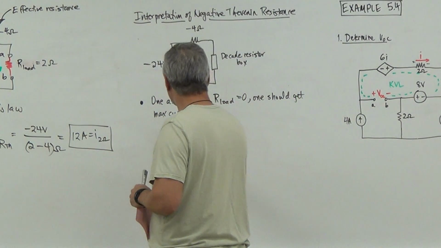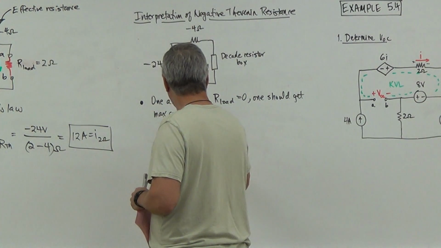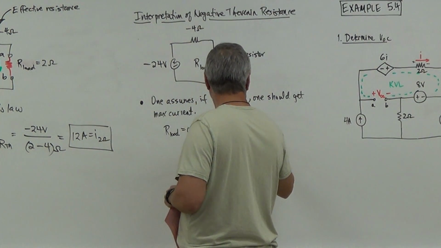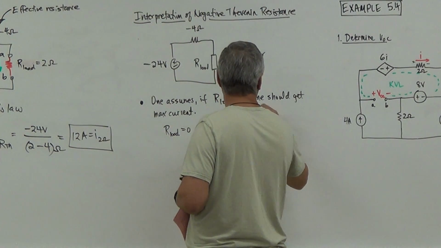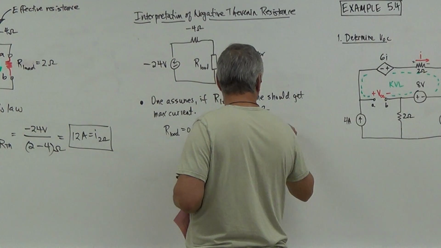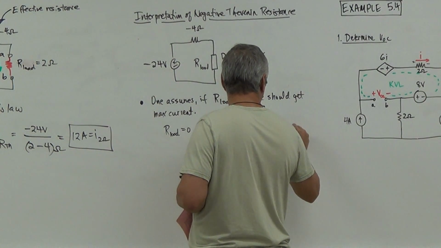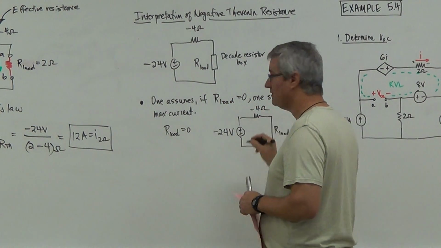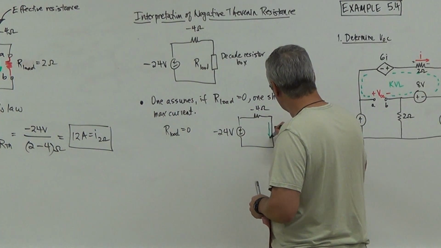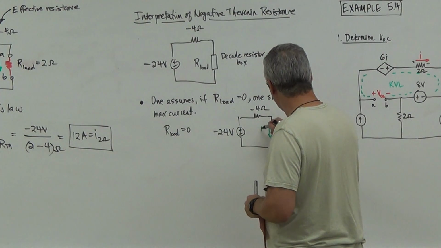Because when I set R load equal to 0, then that means I still have this guy here. And I got a short right there, right? R load equals 0. And when I calculate this current here, I still get a current that's going down like this for the load here.